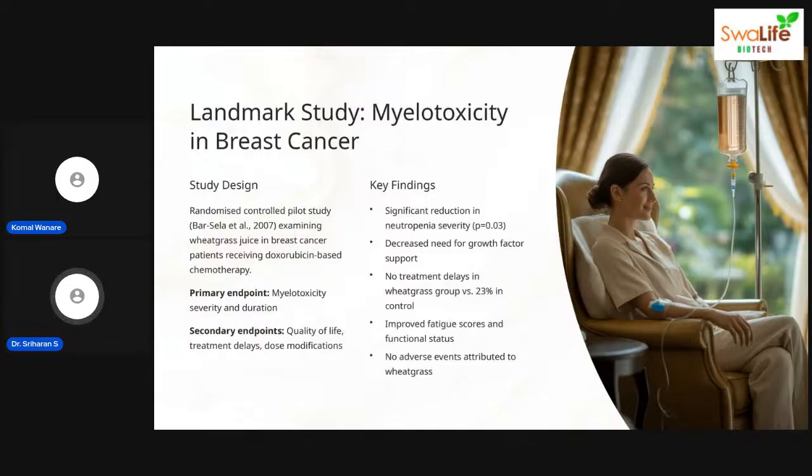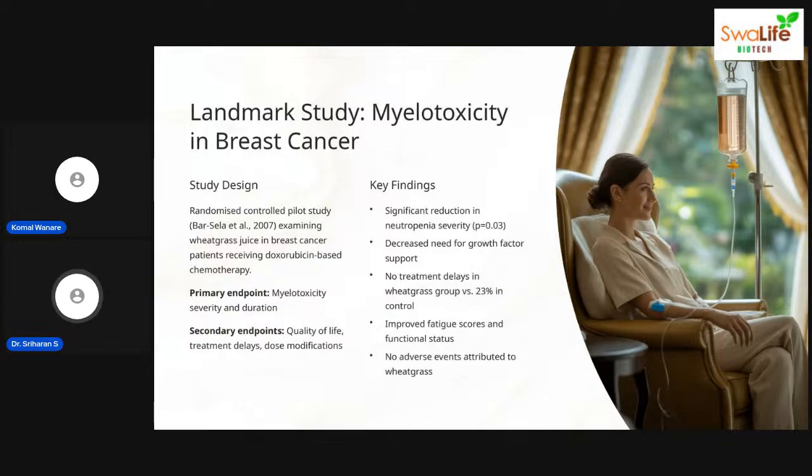If it is increased, it is very dangerous, so we want to control neutropenia during treatment of cancer patients. Standard chemotherapy causes a reduction in neutrophil count. Here our primary endpoint is the severity and duration of myelotoxicity.